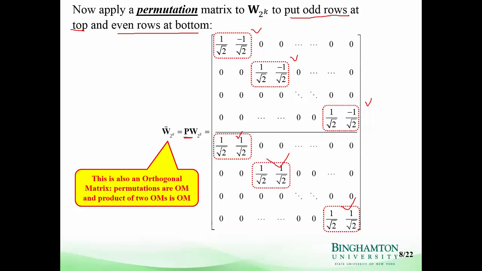But knowing that we can get this new matrix from the old one by multiplying by a permutation matrix, we know that permutations are orthogonal matrices, and we know that an orthogonal matrix times an orthogonal matrix is also an orthogonal matrix. We know that we haven't changed anything. And of course you can also just look at this and verify that each column is still orthogonal and still orthonormal to all the others.